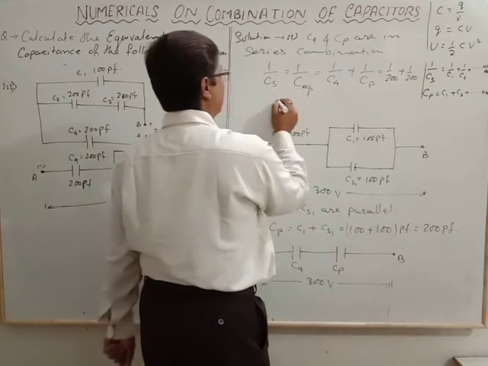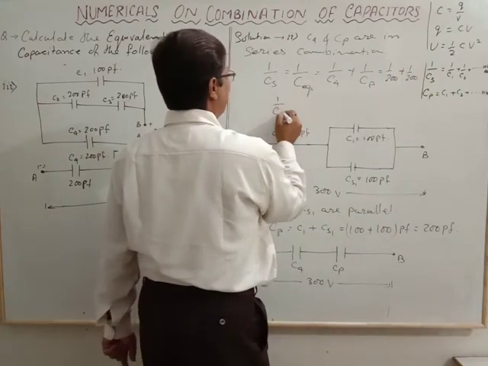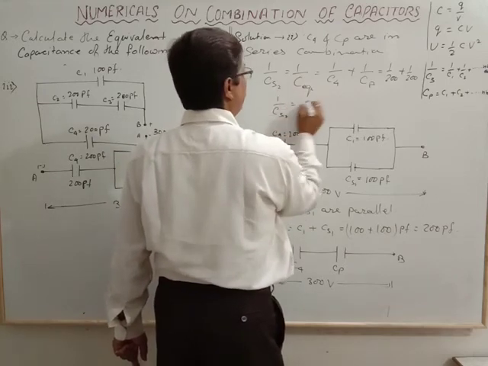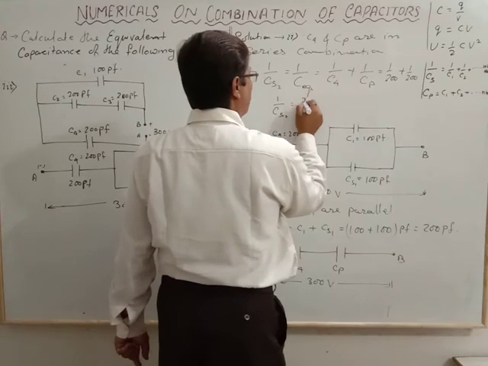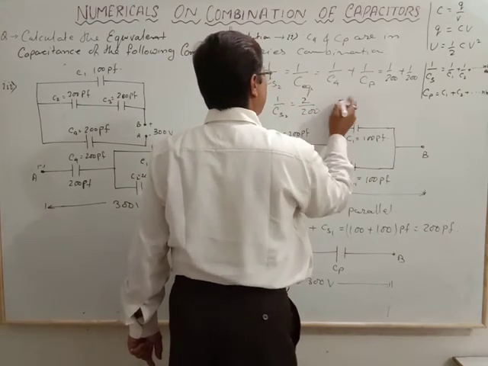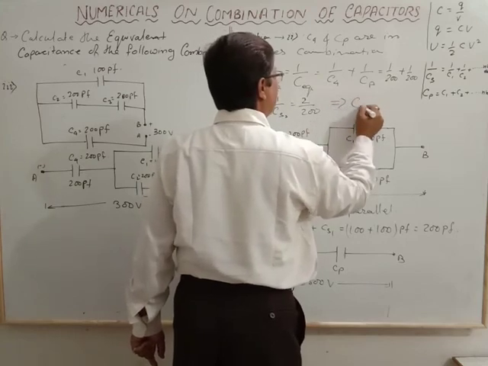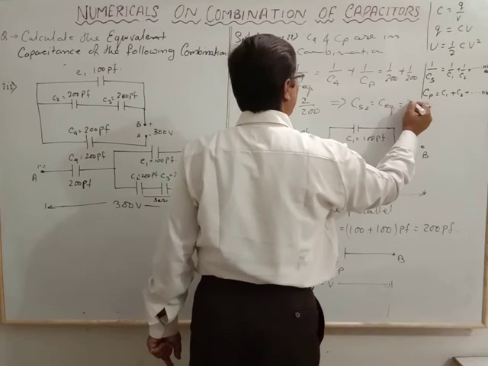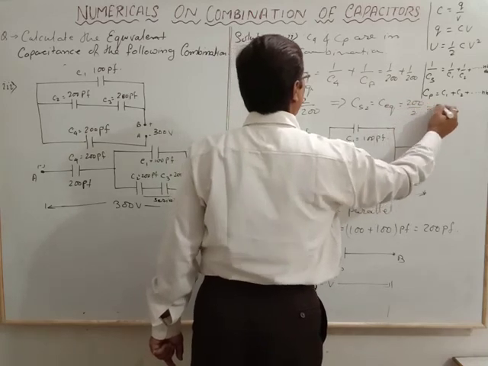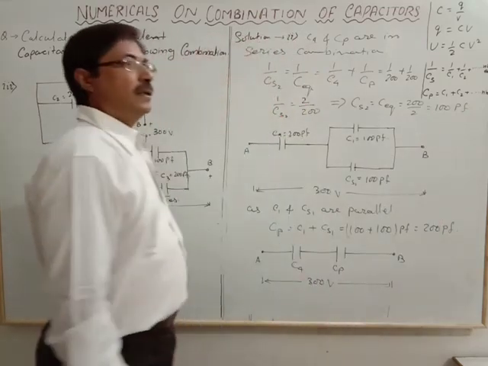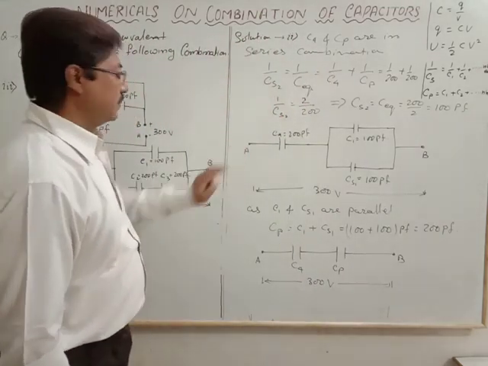Again 1 by CS2 is equal to 2 by 200. This implies CS2, that is the C equivalent, is equal to 200 by 2, that equals 100 picofarad. So this is the arrangement.